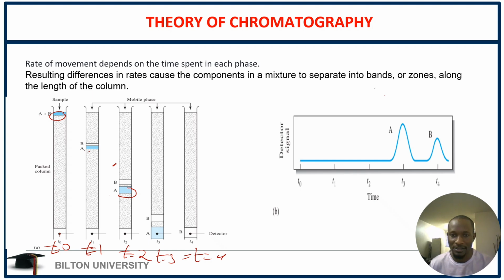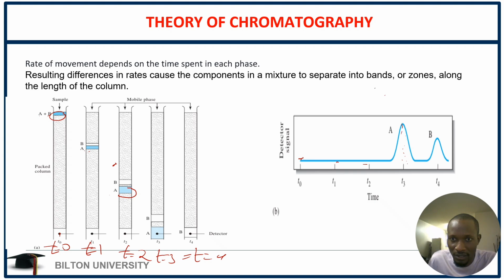I hope that makes sense, and that is why we are now going to introduce a certain word called retention time. You can see that A reaches the detector faster than B, because A moved within the mobile phase faster than B. At t is equal to 0, no separation; t is equal to 1, 2, there's no separation; but at t is equal to 3, there's a separation.